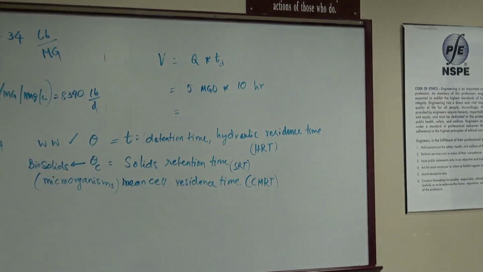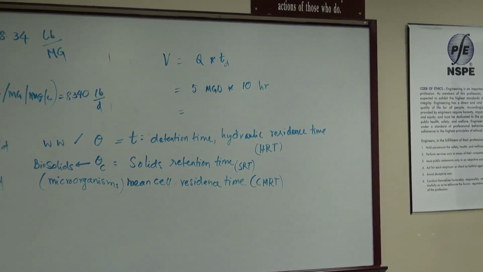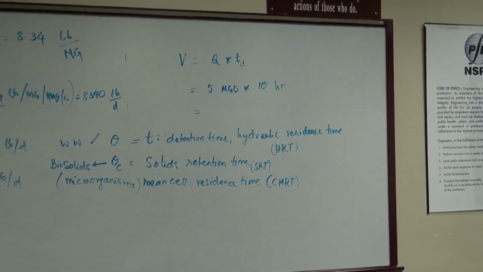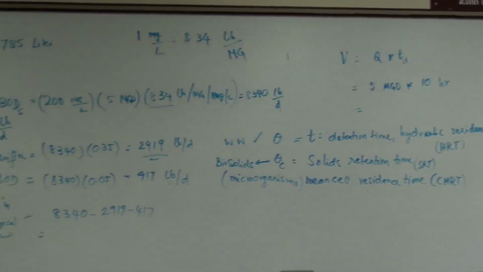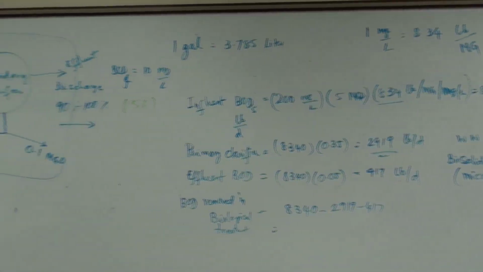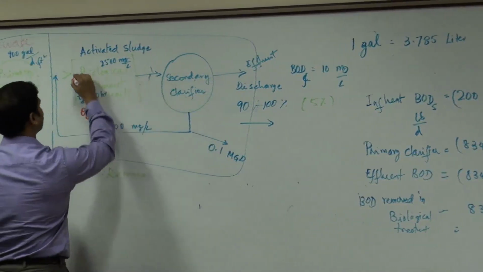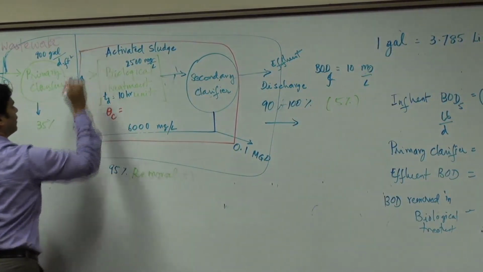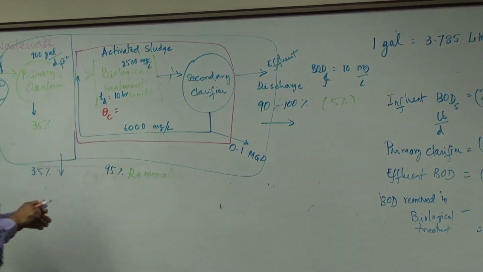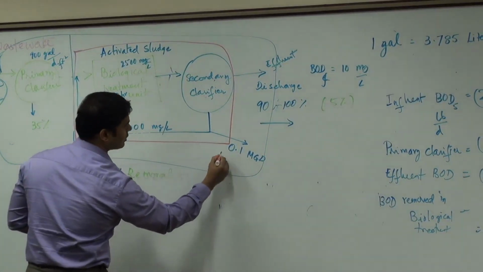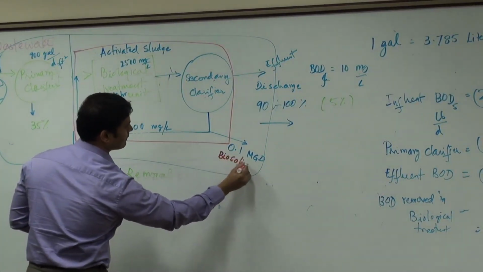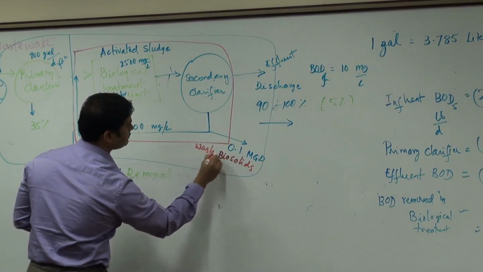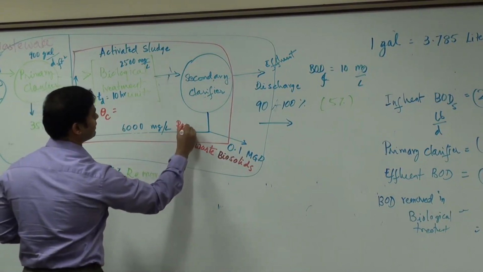Theta C is the time for how long the microorganisms live in the system. They enter here, or they are in this loop. In that loop, how many days do they stay? This is wasted, so biosolids are wasted every day, and this one is recycled.